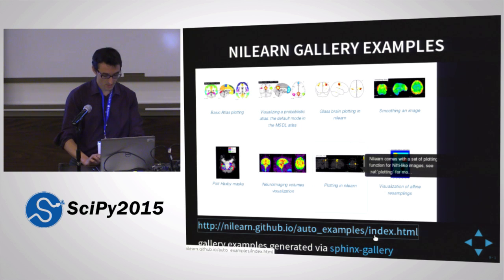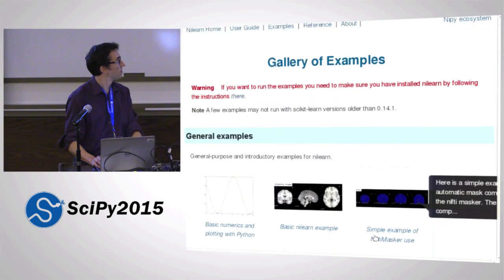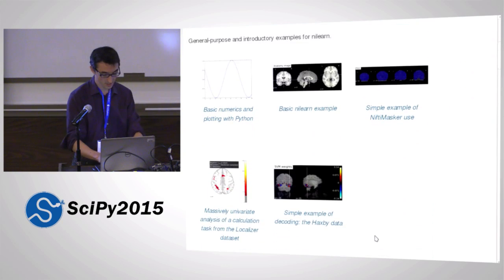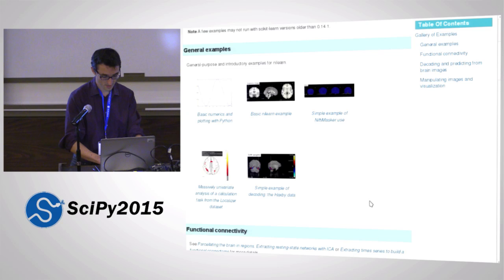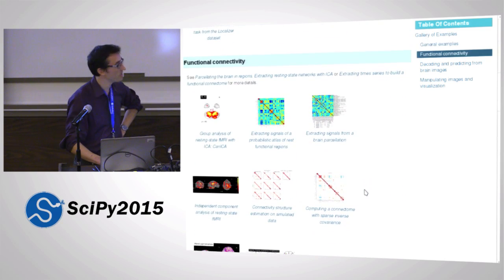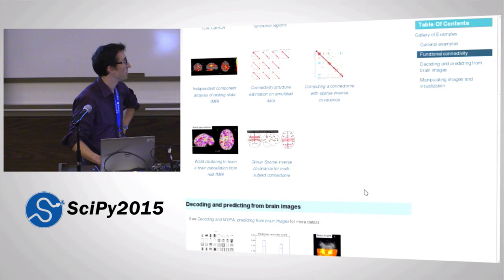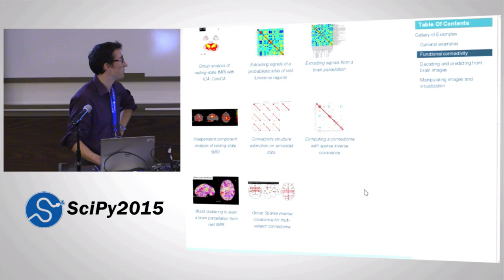I can maybe show it. So there you go. You have a few examples grouped by different subtopics, and the goal is to have some nice plot that shows you the end results.